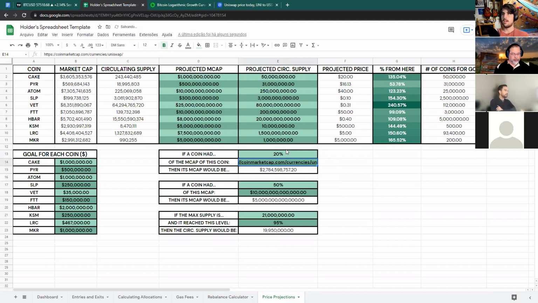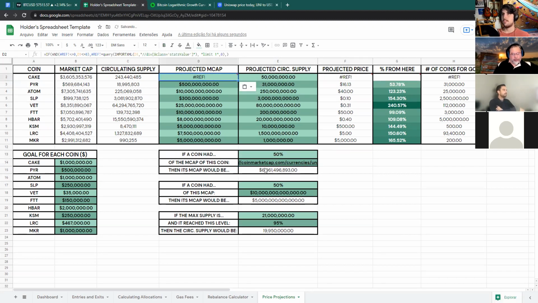Actually it has a little bit more, so let's go for a higher number. Let's say I think it should have at least half of the market cap that Uniswap has, right? And this is the number. So I copy the number and paste it under projected market cap.